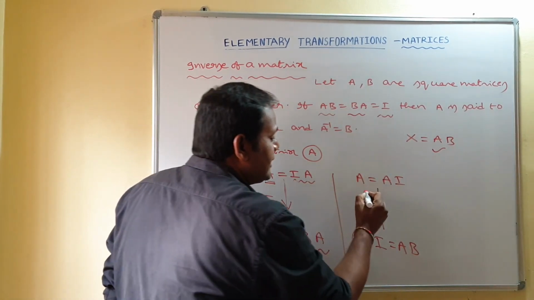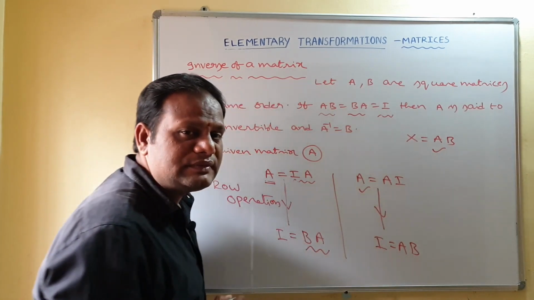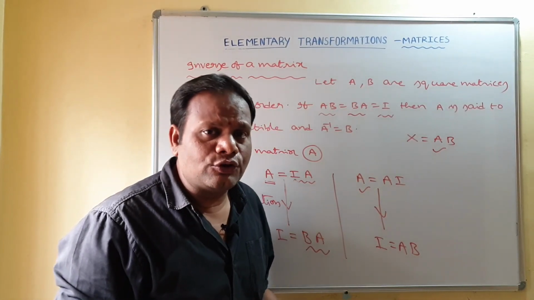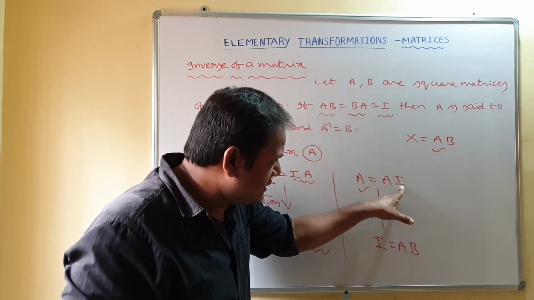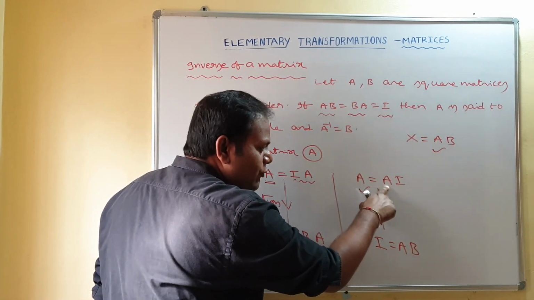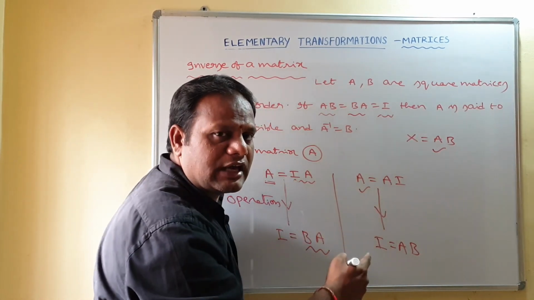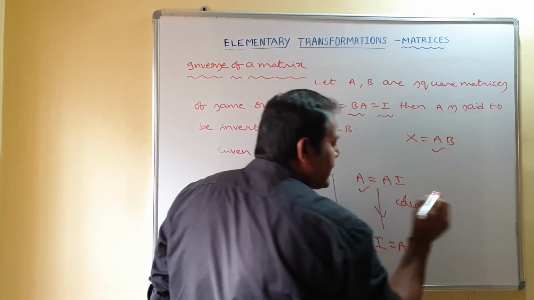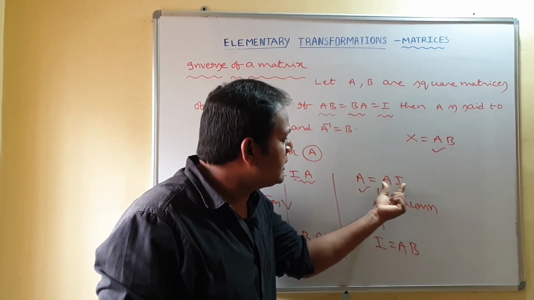So on the left side, anyhow, you have to apply the operations on A. On the right-hand side, we are applying column operations. So you have to change this now into what? B. This is A only, here also we have A. So what operations can we apply now? Column operations. If it is column operation, then we apply it only on the second matrix on the right side.